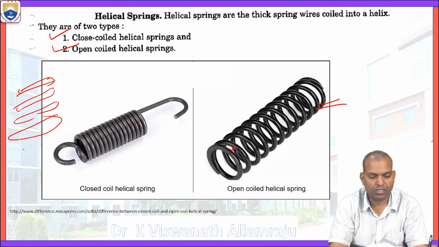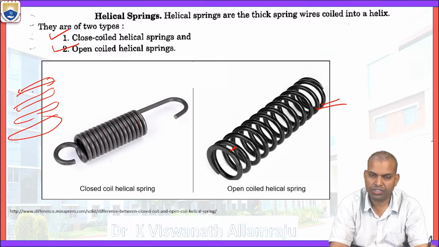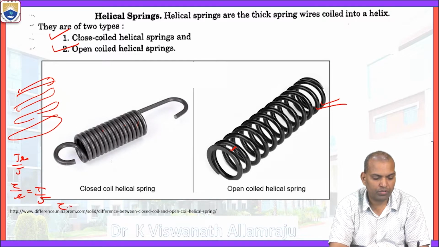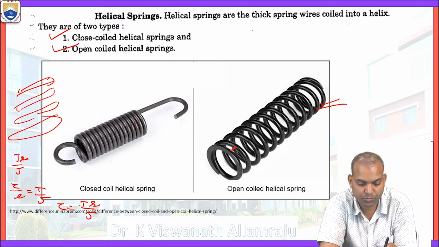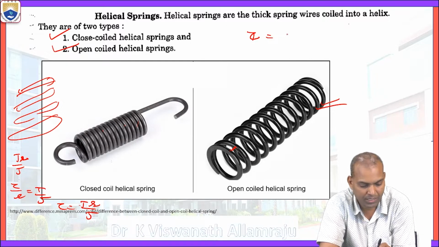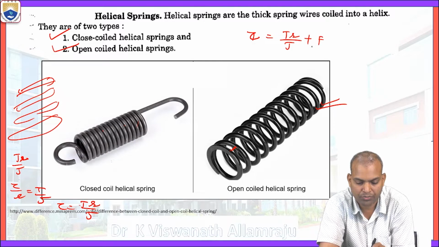So the total shear stress equals the direct shear stress, that is shear load by area, F by A, plus the shear stress due to torsion, T R by J, torque times radius by J, because tau by R equals T by J, from which tau equals T R by J.